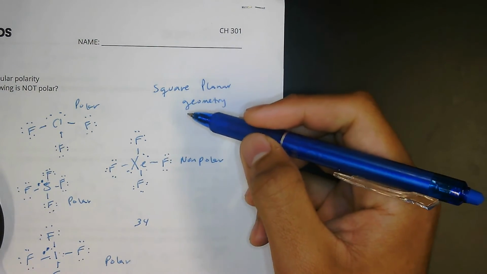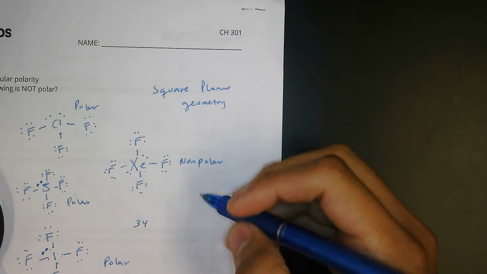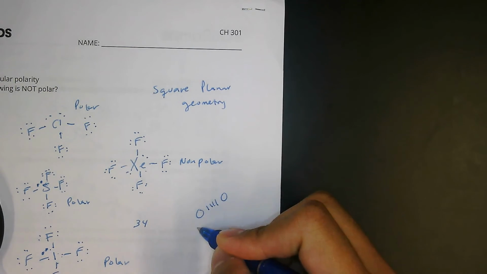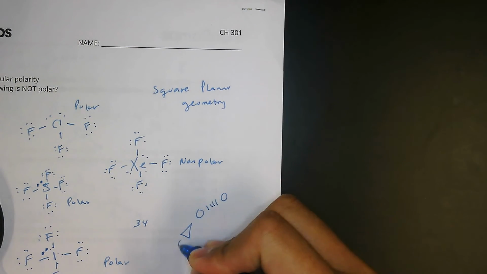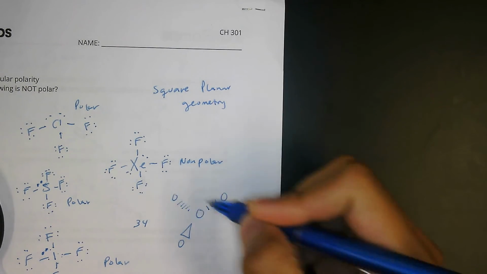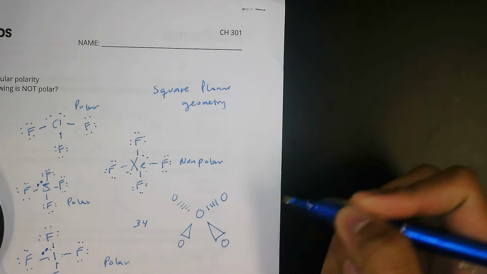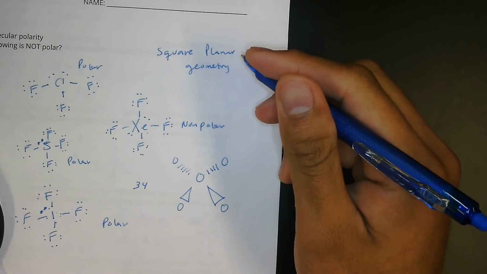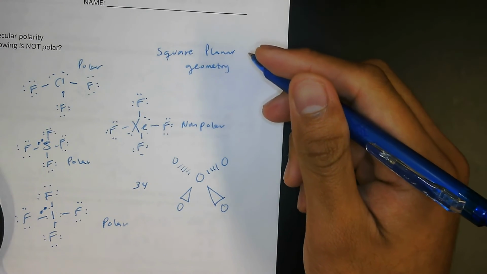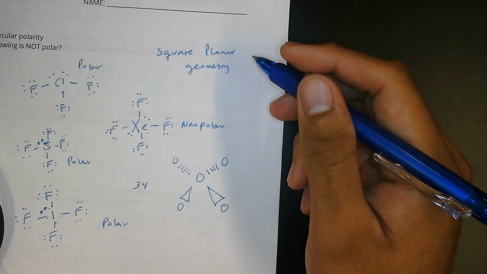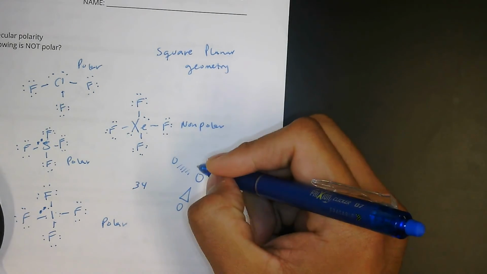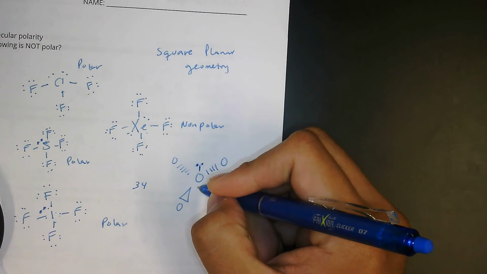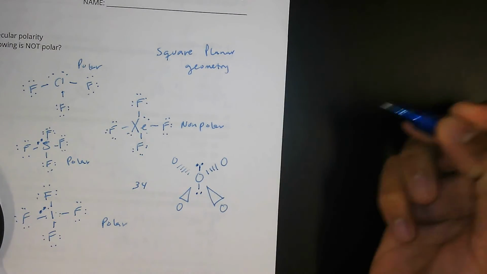And the reason that this becomes square planar, I'm trying to see how I could draw this. So maybe you could show this one sticking out to the back, this one sticking out to the front, this one sticking out to the back as well, and this one sticking out to the front. The reason that we have this square planar geometry and not that pyramid shape that we get from the trigonal pyramid is because you have that pair of electrons sticking out to the top, and then the other pair of electrons is down here at the bottom.